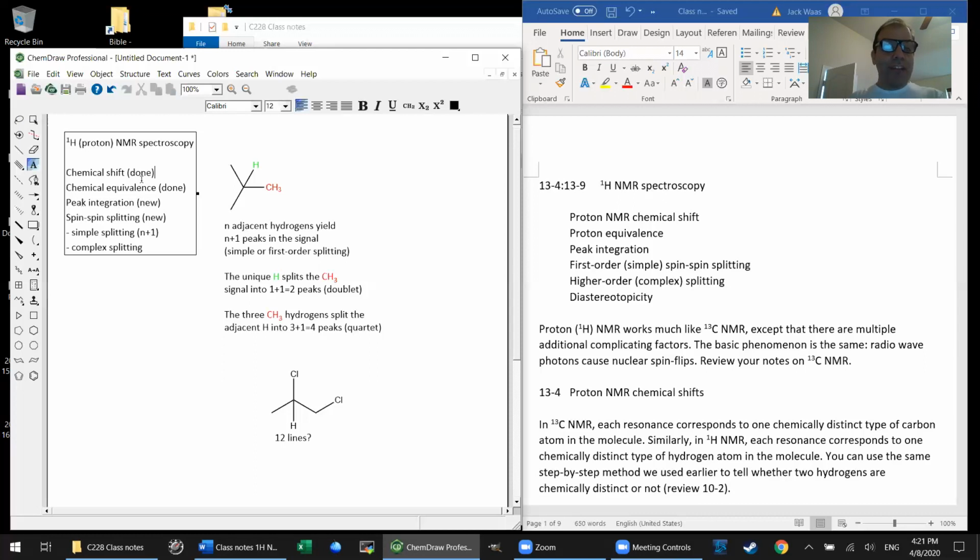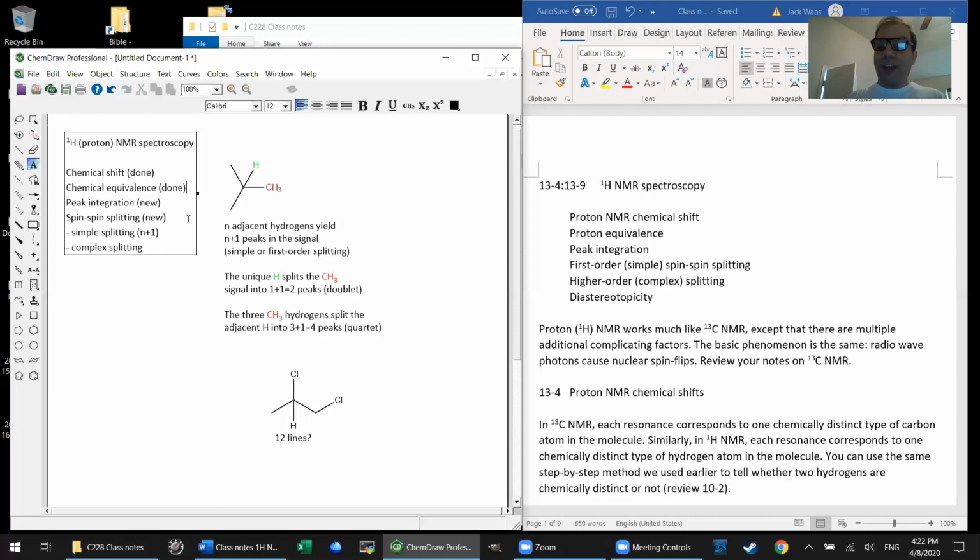But we understand about chemical shift, we understand about chemical equivalence. Just as we saw one resonance for every chemically distinct type of carbon atom in a carbon-13 NMR spectrum, we will see one resonance for every chemically distinct type of proton in a proton NMR spectrum. And we already went over how you can know whether any two protons are chemically distinct or chemically equivalent.